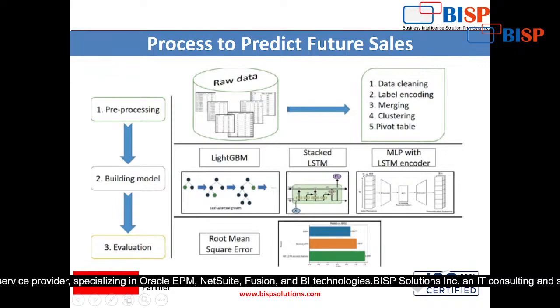Then LightGBM, then the stacked LSTM, then the MLP with LSTM encoder, then root mean square error. So these are the three techniques with the help of which the output comes. Root mean square error is also defined. Now see here, pre-processing, building model, and evaluation. These are the three main activities that we are going to do.